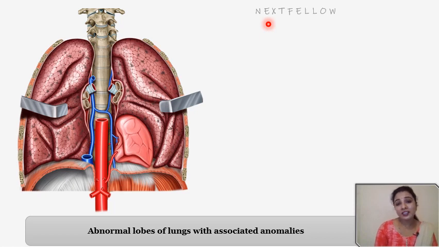In this image, this is an extralobar sequestered lobe of the left lung, where the arterial supply is directly a branch of the thoracic or abdominal aorta, and the venous return is to the hemiazygous vein.